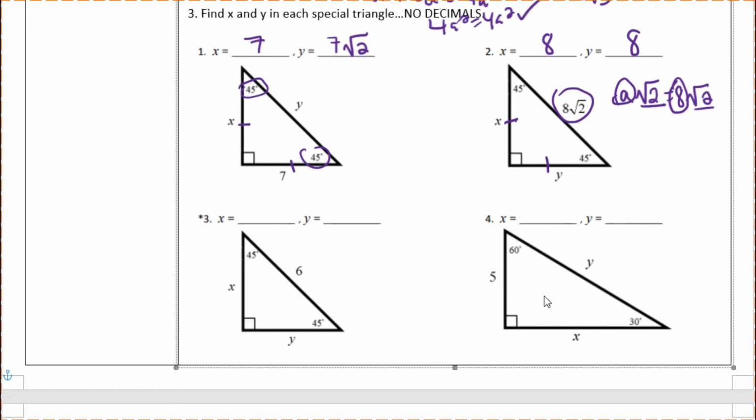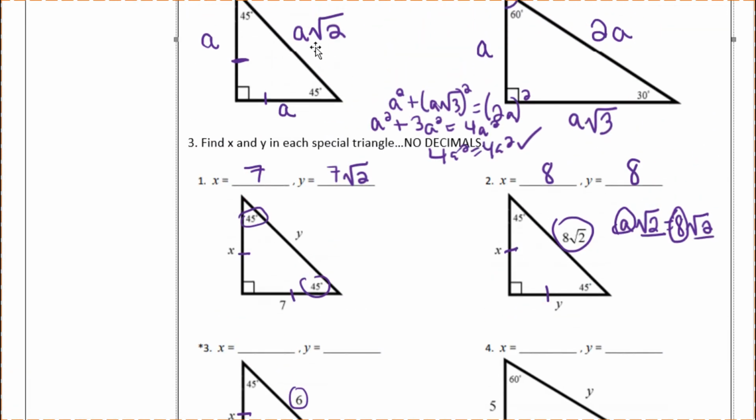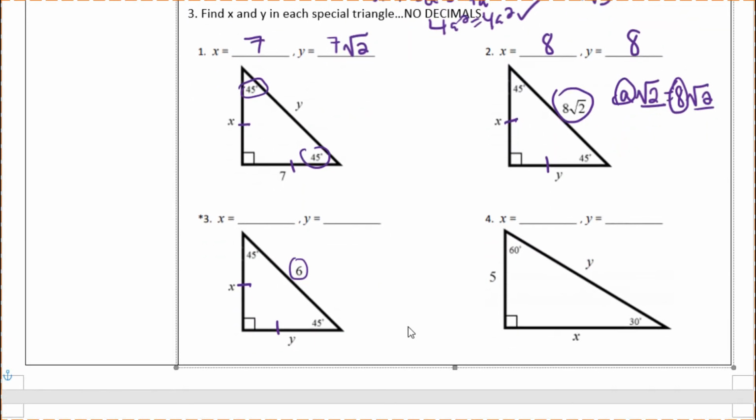For number 3, another 45, 45, 90. So x has to equal y. And we know the hypotenuse is 6, right? So we're going to set 6 equal to a square root of 2. So a square root of 2 has to equal 6.